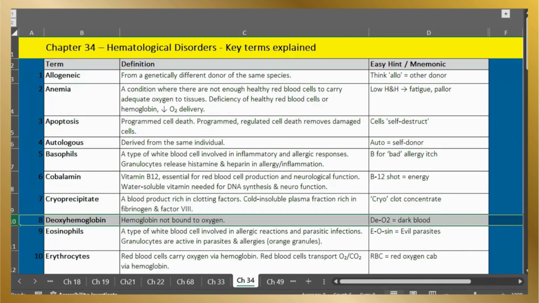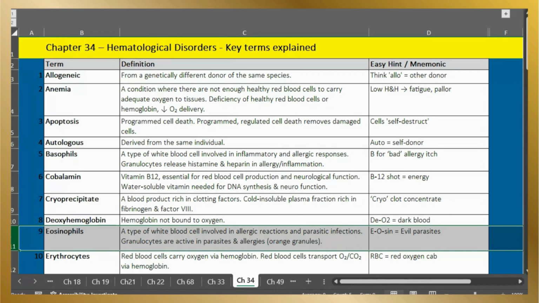Again, another cell from previous chapters and repetitive again here. Eosinophils, a type of white blood cell involved in allergic reaction and parasitic infections.